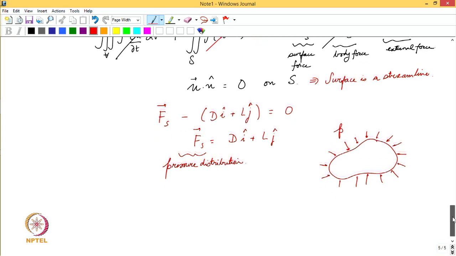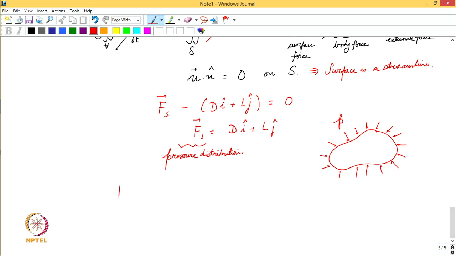So, what we can do now is to write the surface force Fs as a pressure integral. Okay. Now, pressure acts normally inwards into a solid. So, Fs is written as, so in this we will have a path integral because we are dealing with forces per unit depth.